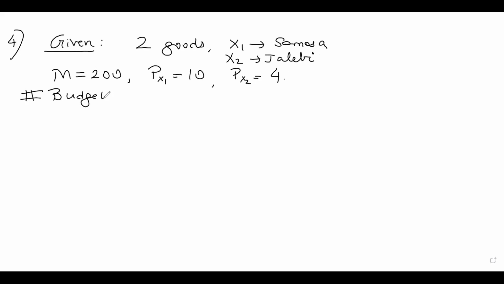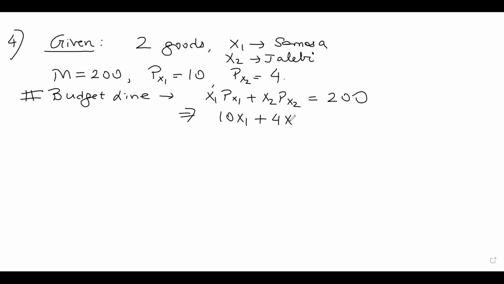The budget line for this consumer is x1 times the price of good x1 plus x2 times the price of good x2. This denotes the total expenditure by the consumer on x1 and x2, equal to the total income of the consumer. So if I substitute for the prices, I get 10x1 plus 4x2 equal to 200.